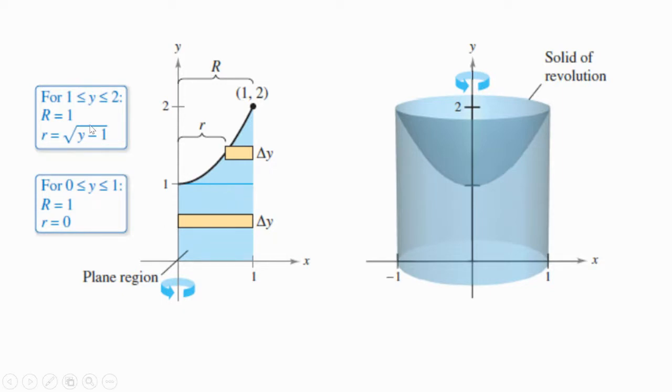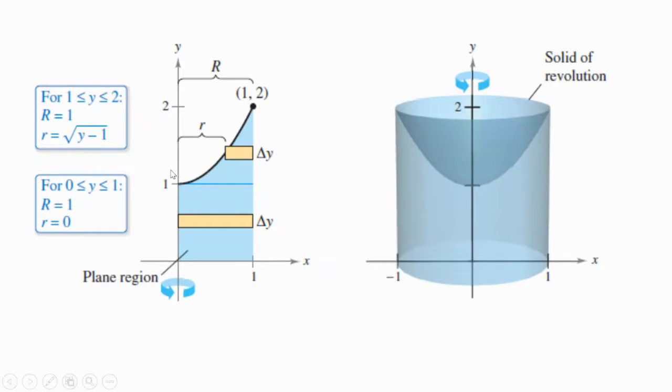It is important that when you're doing the disk or the washer method, you draw your slices perpendicular to the axis of revolution. So the axis of revolution is the y-axis. So I'm drawing my slices this way. That means these are the delta y's, and that means that it's going to be dy. So we're integrating dy.